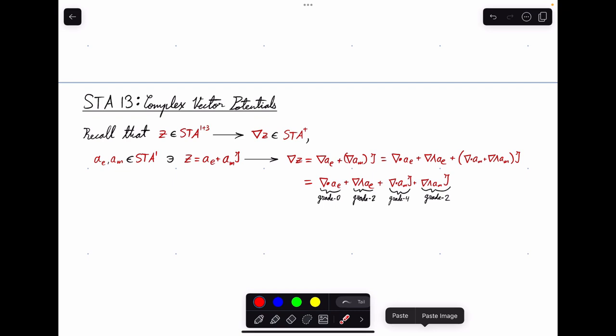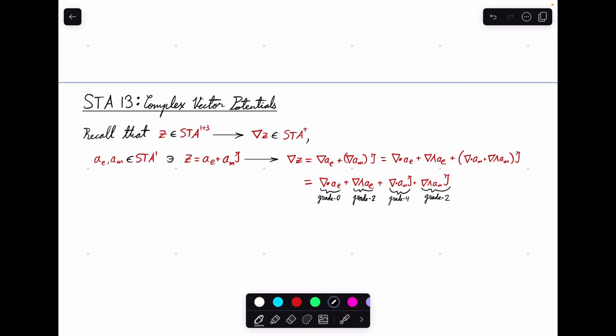And so we want the gradient of this complex vector to only give a bivector, because remember, bivectors are what we need to describe electromagnetism.